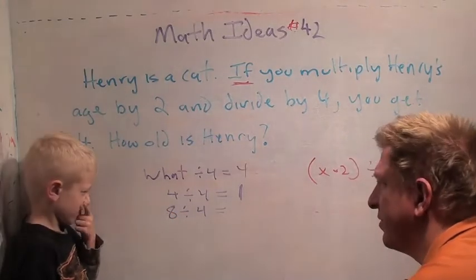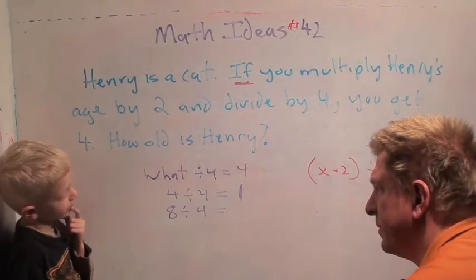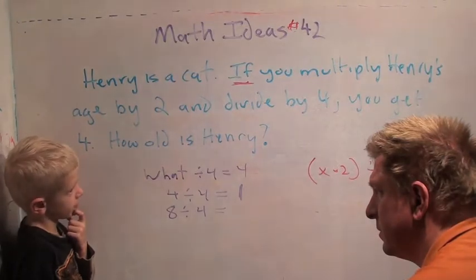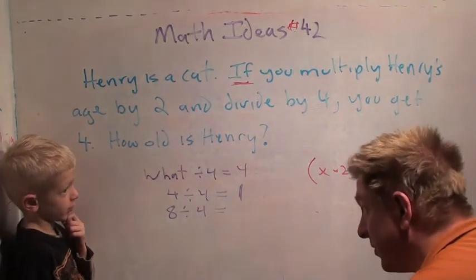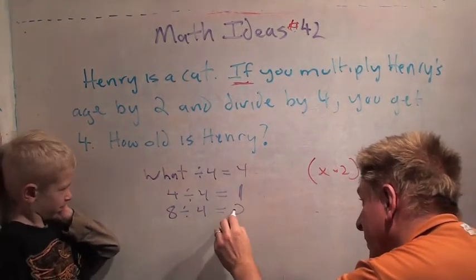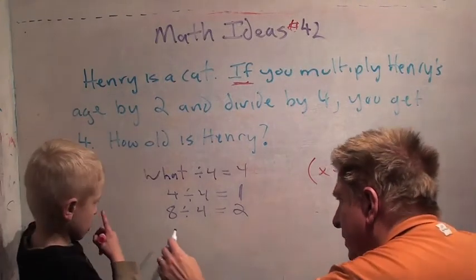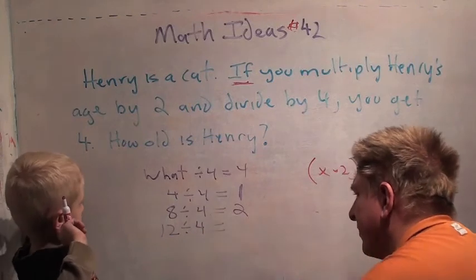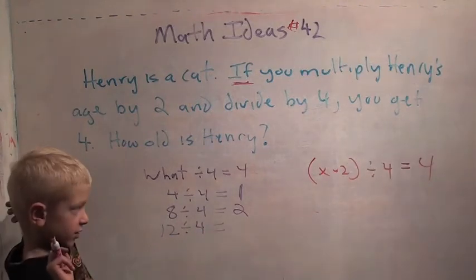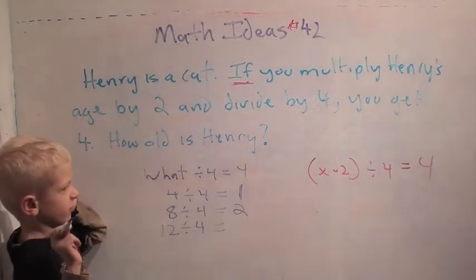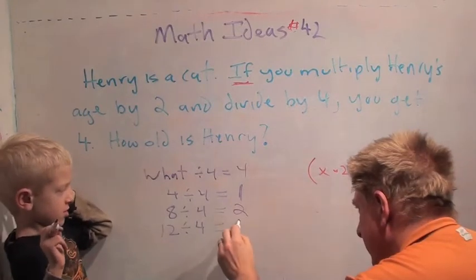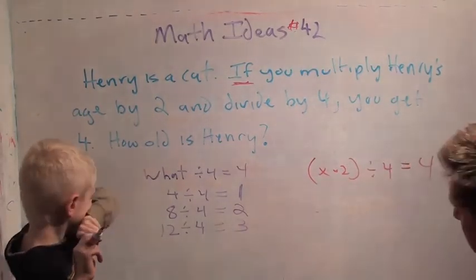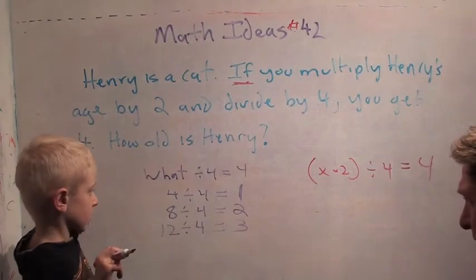What does 8 divided by 4 equal? 2. That's exactly right. Alright, well maybe it's not 8. 12 divided by 4. Well, that's going to be 3. We seem to have a pretty good pattern going here, but I wonder what comes next.